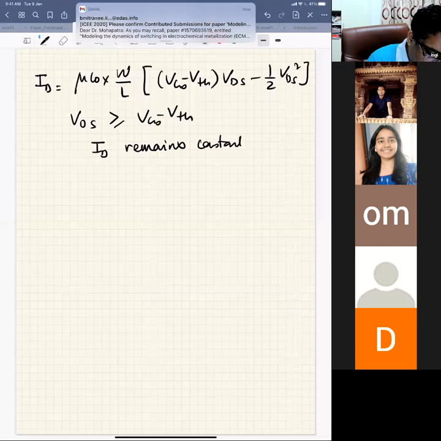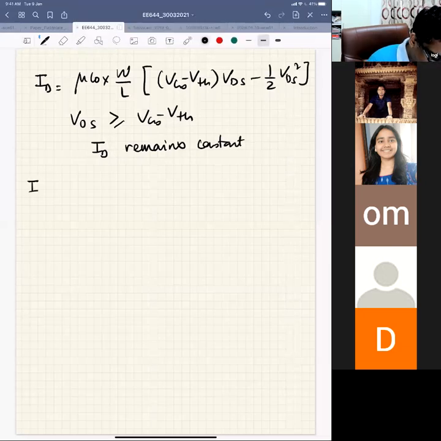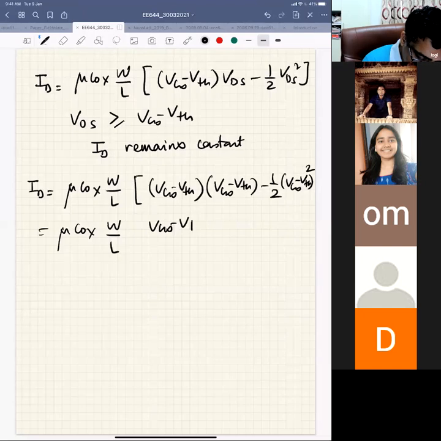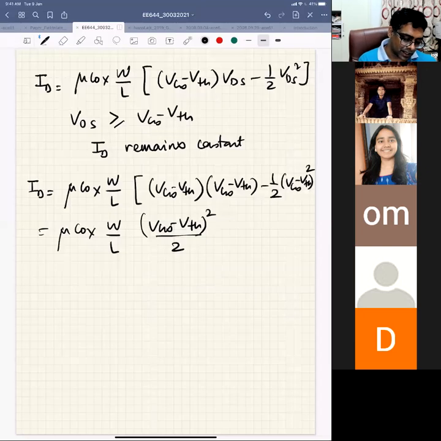So that current ID will be mu Cox W by L, replacing VDS with VGS minus VTH. Because your current remains constant, this will be squared, and this will be nothing but mu Cox W by L, VGS minus VTH square divided by 2. So this is the current in the saturation region.